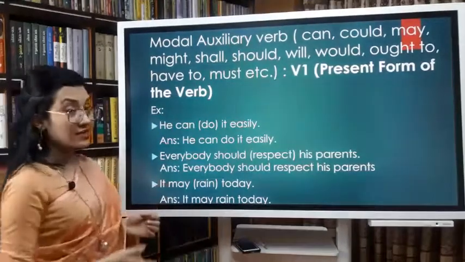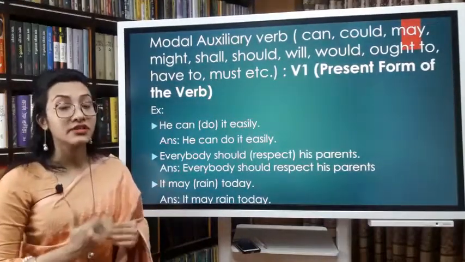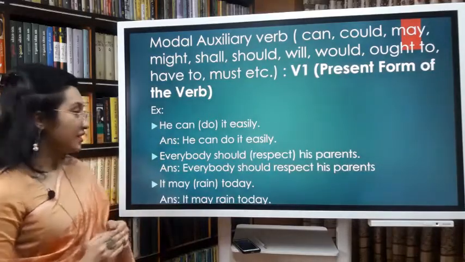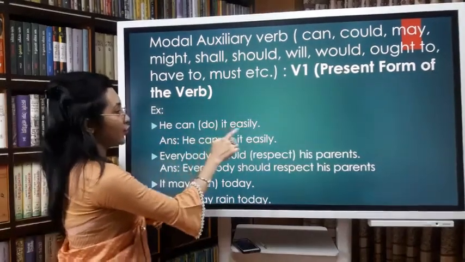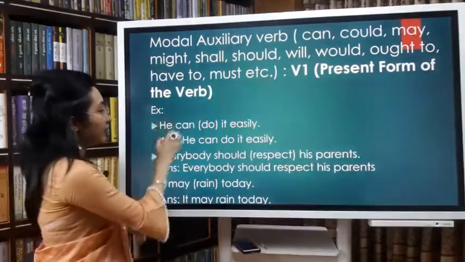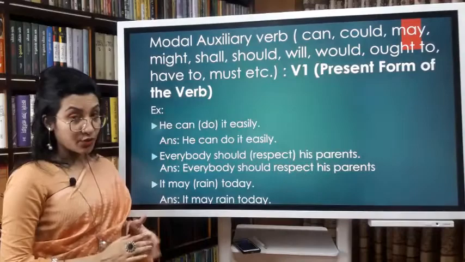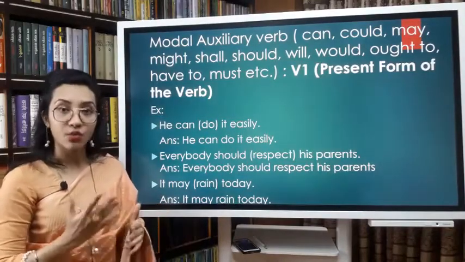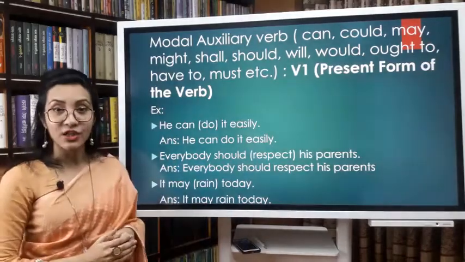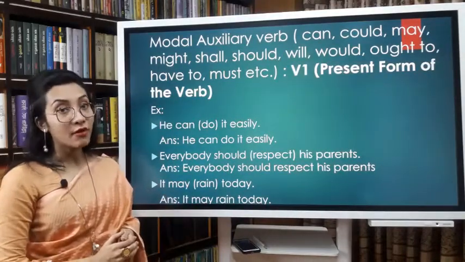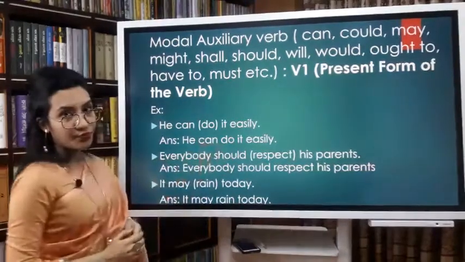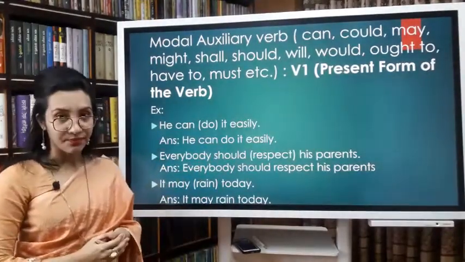In these cases, even if the subject is third person singular number, we are not going to add s or es, as in, he can do it easily. Here we can see he is third person singular number, but we are completely ignoring this fact. Why? Because the modal auxiliary verb can has been used here. For that reason, we have used the base form, do. He can do it easily.